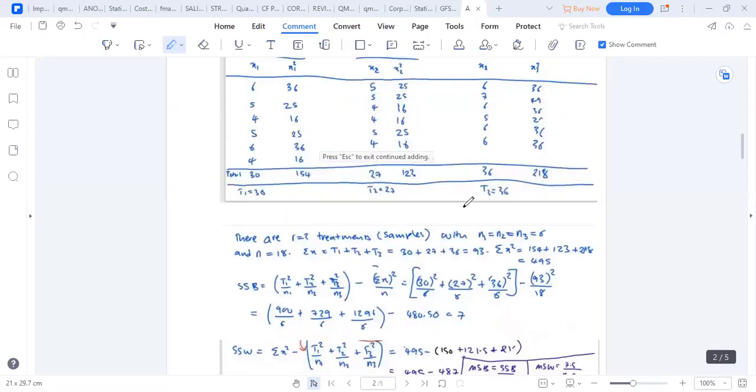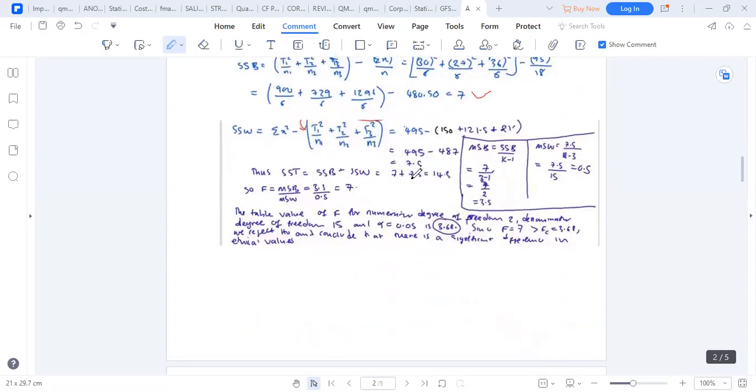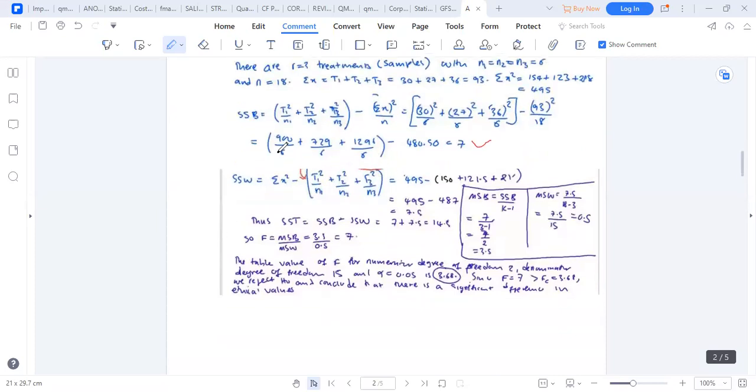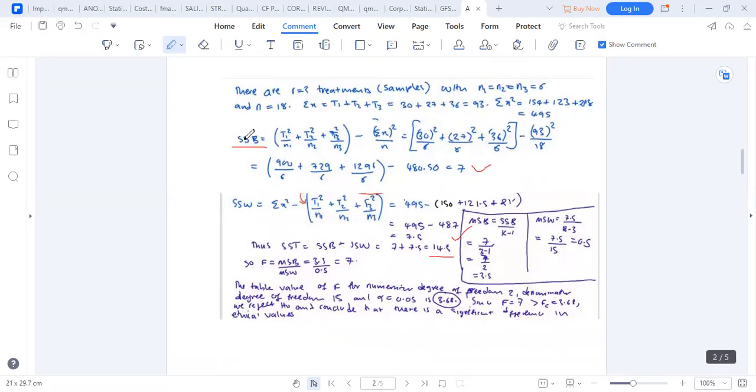We got 7, and this is sum of square between, 14.5 sum of square total. All right, it's the same thing.